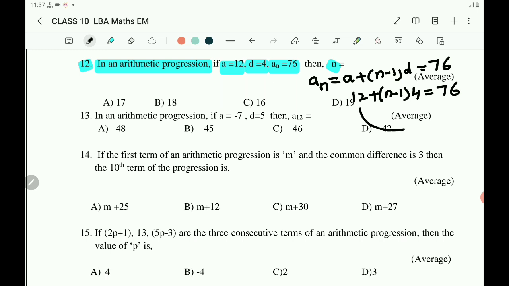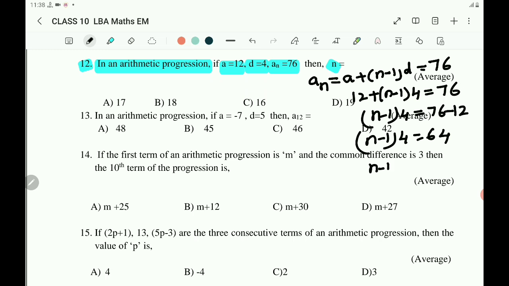Then transfer this 12 to the RHS. What is remaining in the LHS? (n minus 1) into 4 equals 76. If you transfer 12 to the RHS, it becomes minus 12. Then (n minus 1) into 4 equals 76 minus 12, which is 64. Then transfer this 4 to the RHS.